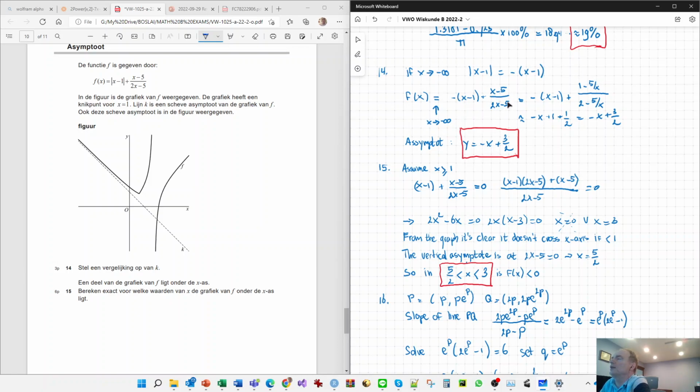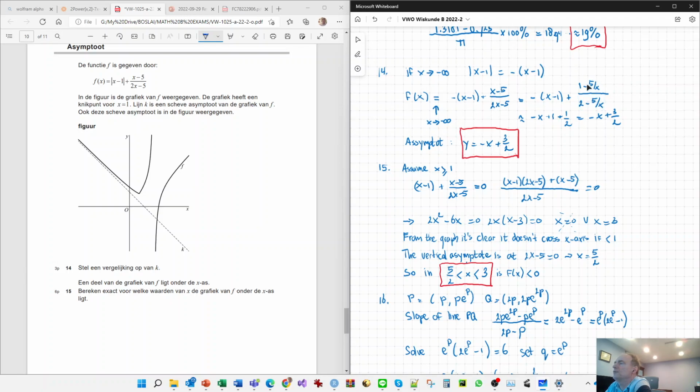You can write this under one denominator if you want, but it's not really necessary. If you want to study the behavior, you can just look at this and divide both the numerator and denominator by x. Then you get 1 minus 5 over x divided by 2 minus 5 over x.